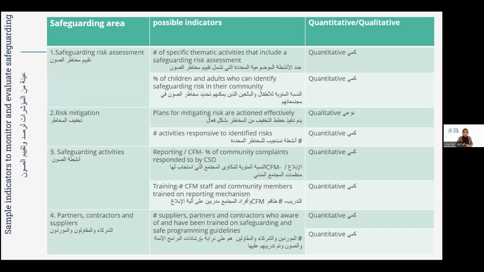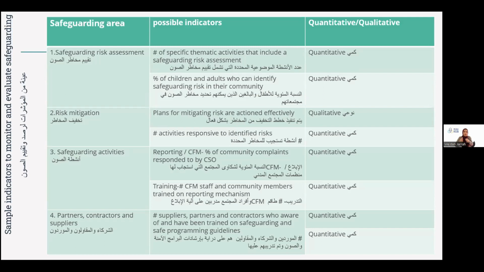So at the end, in any proposal, there should be some indicators that will show me how the activities that were included in the proposal, that were included in the safeguarding risk assessment. Who can identify the risk assessment? If I do focus groups, they can help me.